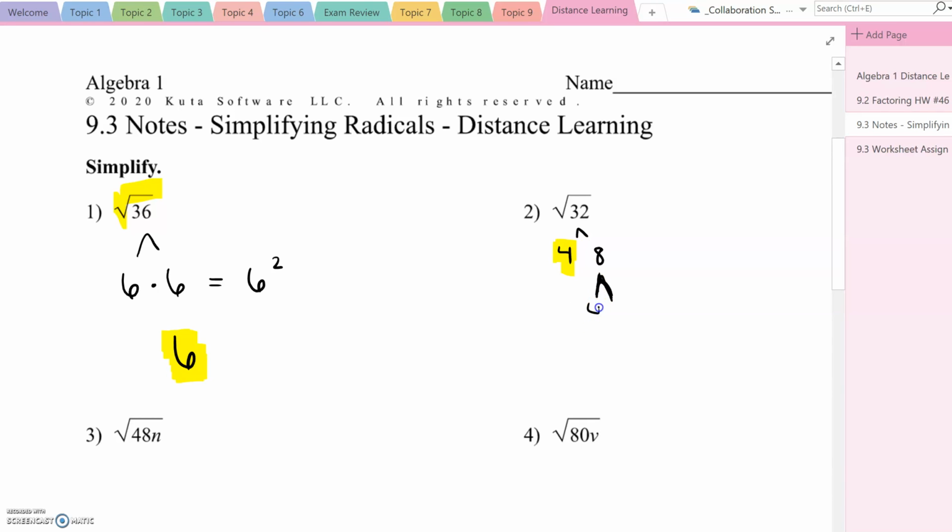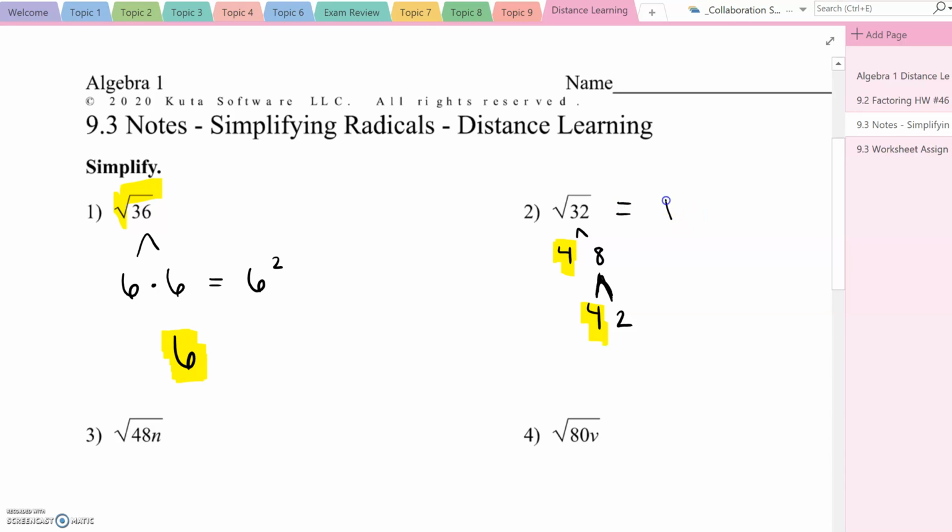You could break this into 4 times 2. Well, just the 4 is a perfect square. So we have 4 times 2 is the same thing as 32.